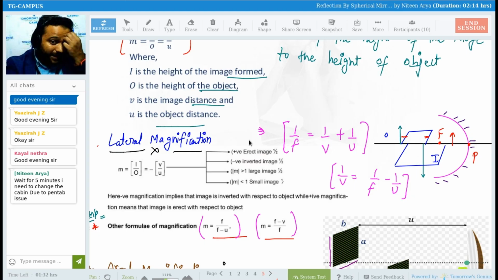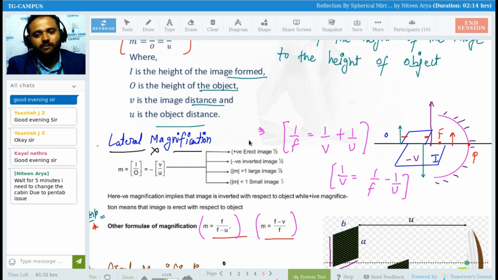If magnification is positive, the image is going to be erect. If the magnification is negative, the image is going to be inverted. That is the sign convention. Negative magnification means the image is inverted, and if it is positive, it is erect, parallel to the positive y-axis.